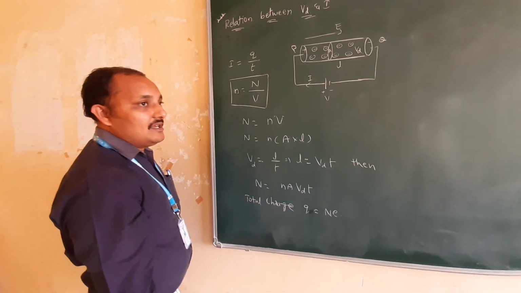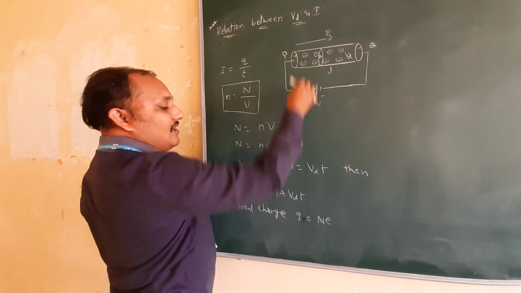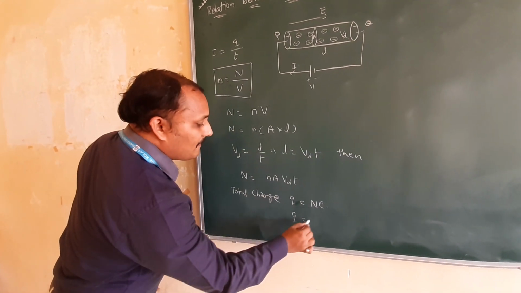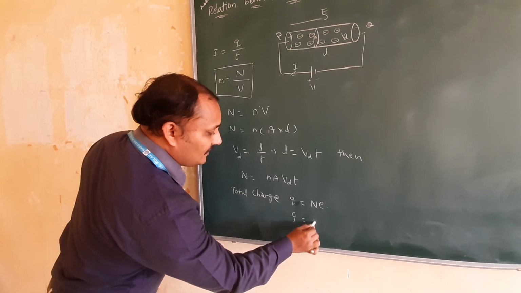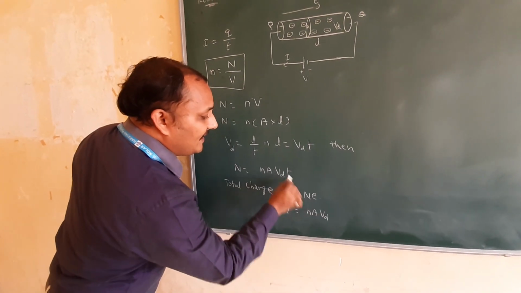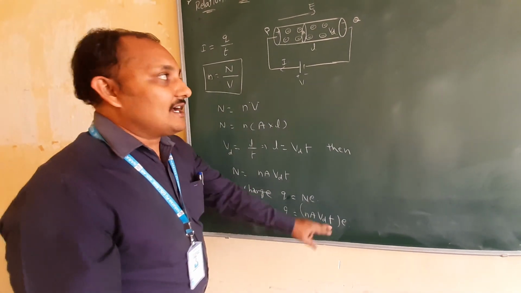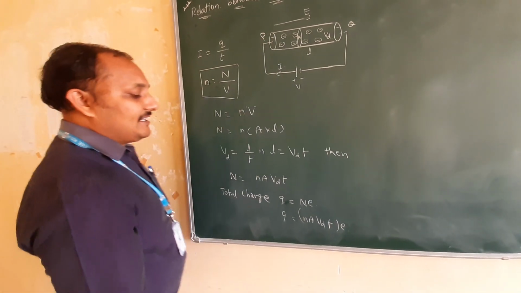Therefore I wrote Ne. If you take electron current, you have to write minus e. So Q is equal to n A Vd t into e. This is the total charge present within this conductor PQ.